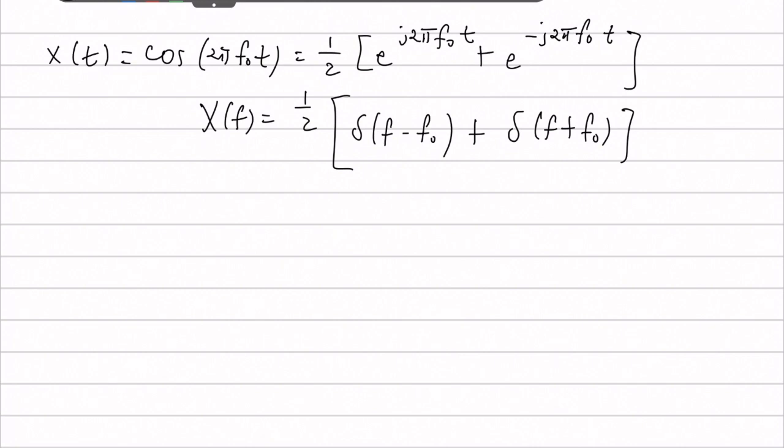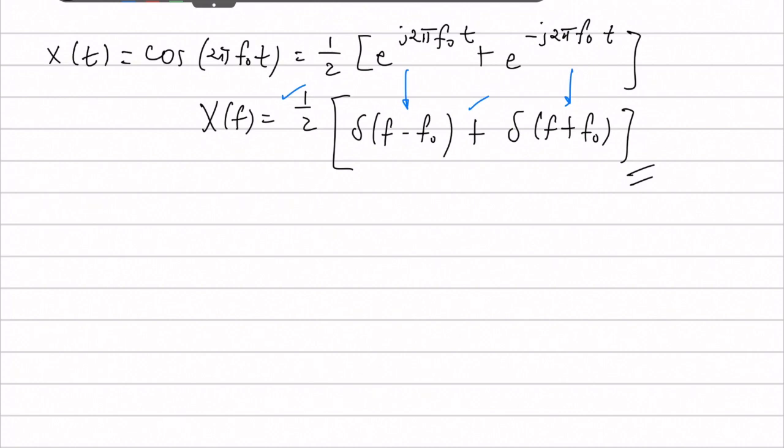Okay? So this is the final answer. We applied linearity, for the sum and for the constant, and we also applied the Fourier transform pairs we derived earlier for the complex exponential.